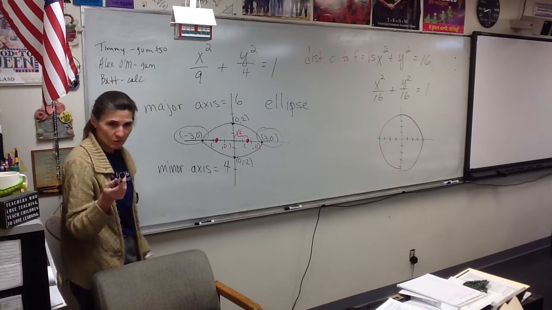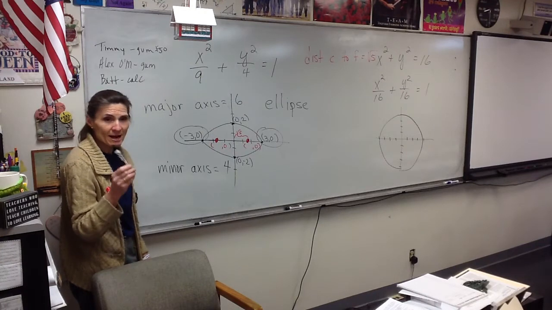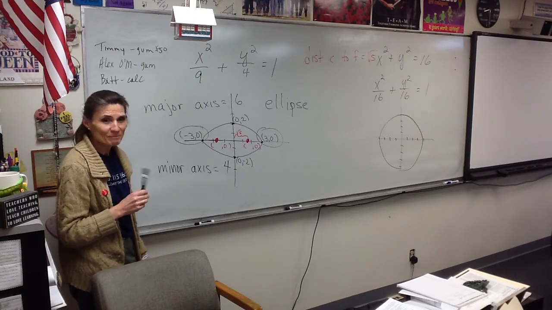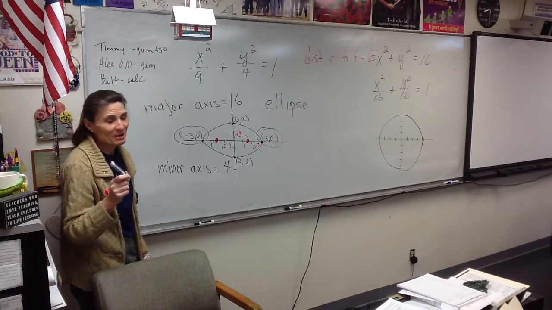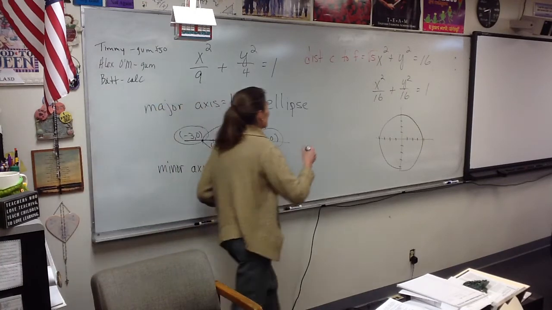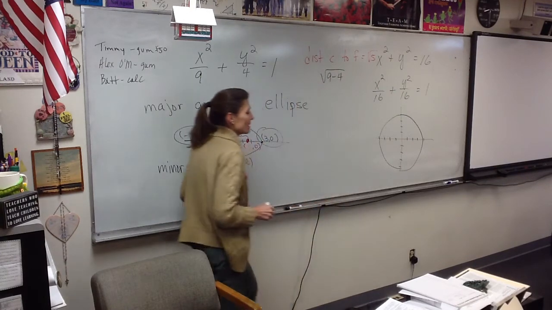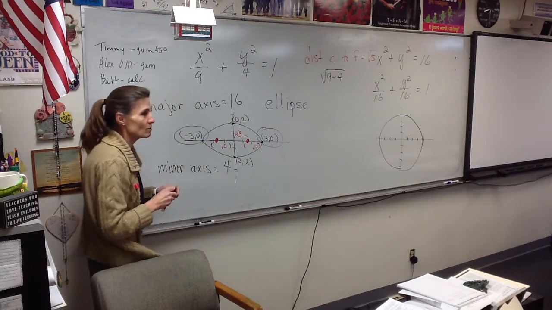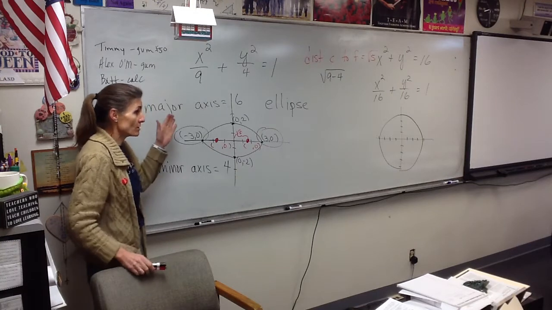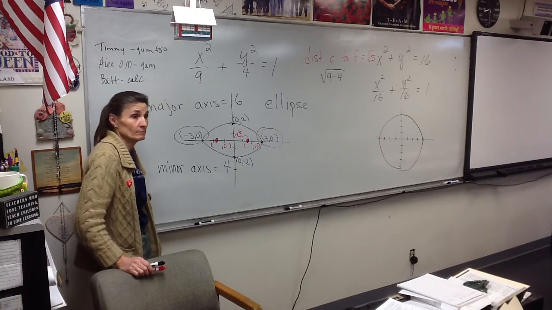Oh my gosh, I never thought about that. Yeah, it's actually 9 minus 4. But 2 plus 3, that's not going to work every time, no. But it worked out. It's the square root of 9 minus 4. The 9 and the 4 are the denominators, so I just subtract the denominators.